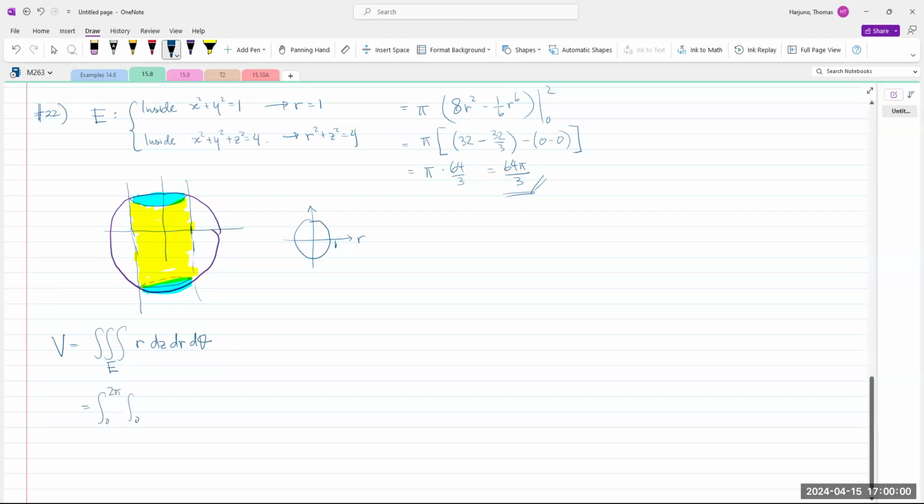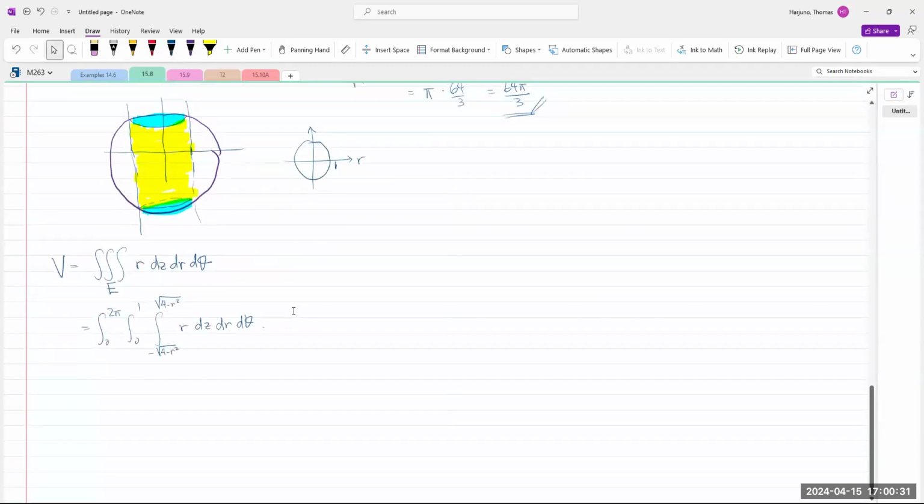The radius will be from 0 to 1. And then the z will be from the bottom, which is negative square root of 4 minus r squared, to square root of 4 minus r squared, r dz dr d theta.